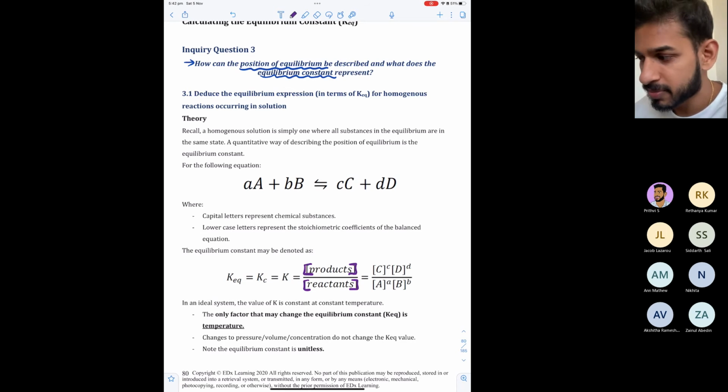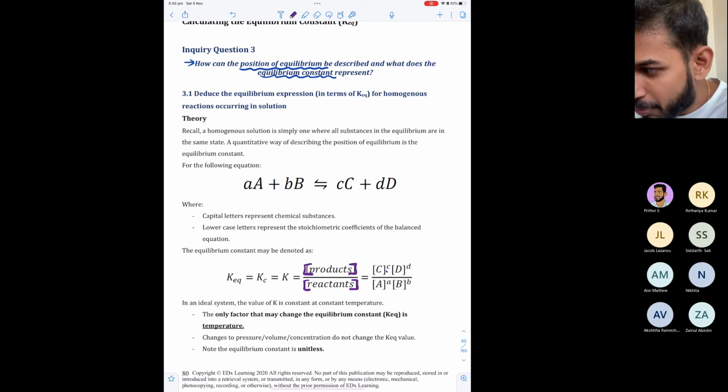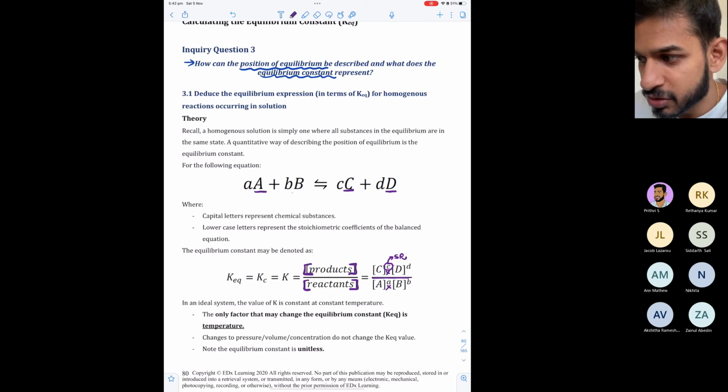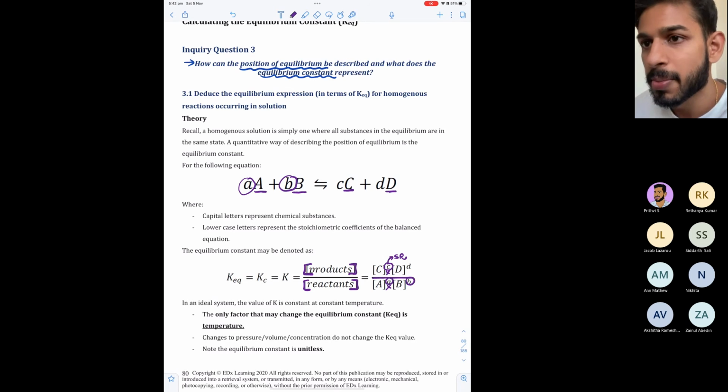What you'll notice is that it's the product of the product concentrations raised to the power of their stoichiometric ratios, divided by the product of the reactant concentrations raised to the power of their stoichiometric ratios.